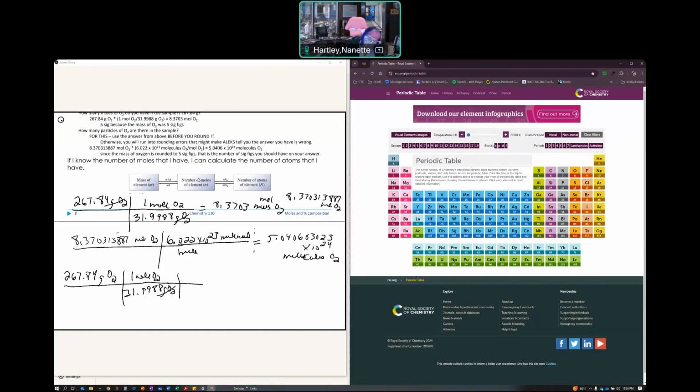That would cancel my grams of O2 and I'd be in moles of O2. 1 mole of O2 contains 6.022 times 10 to the 23rd molecules of O2. Moles cancel. And then I can do this in one step to get to 5.0406 times 10 to the 24 molecules of O2.